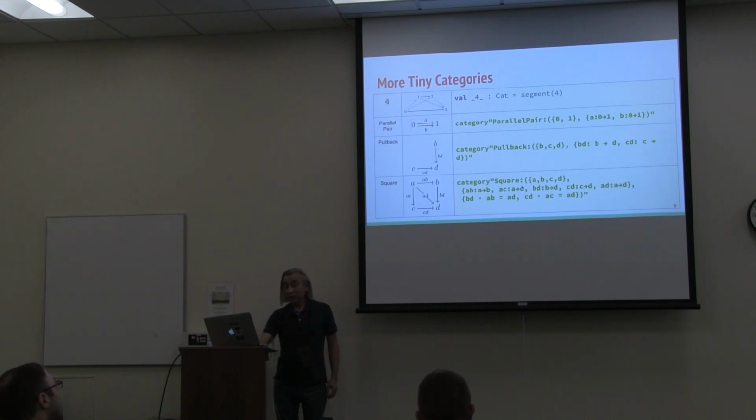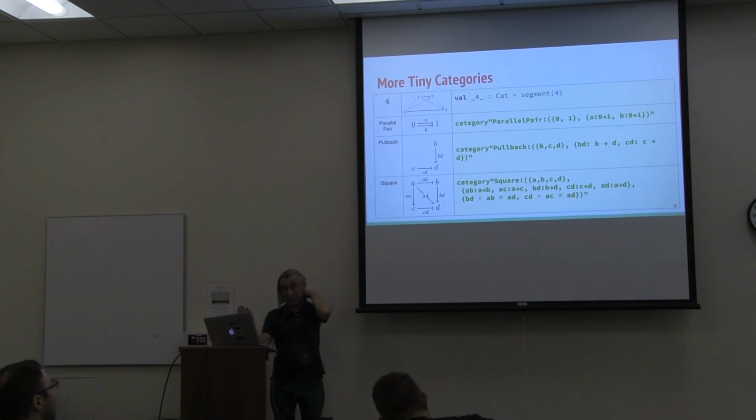And category square, now we had to define a composition. So here we say AB followed by BD is equal to AD, and AC followed by CD is also equal to AD. And because it's a DSL, when it tries to build it, it also checks everything: it checks the associativity, checks the identity composes correctly, and so on. And that all compositions are defined.